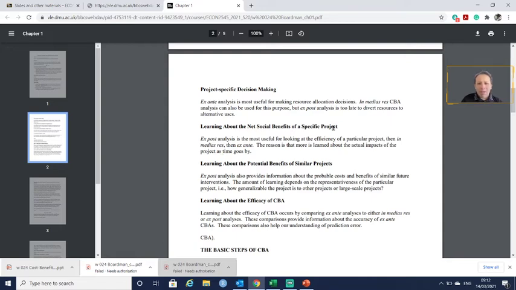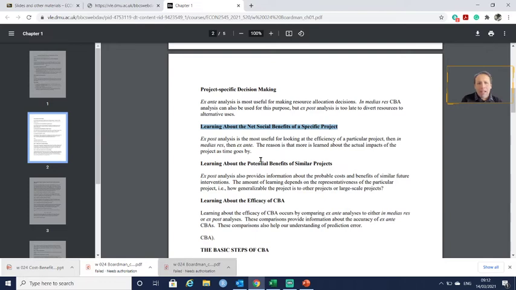So ex post analysis is the most useful for looking at the efficiency of a particular project. If it is done after Brexit, we will get to know what the benefits and costs of that particular intervention in our economy were.